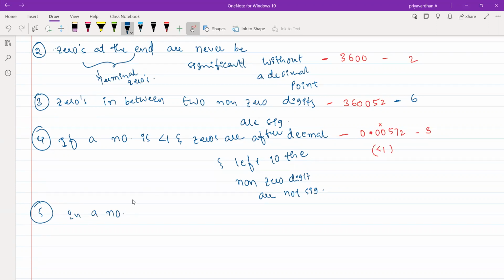In a number with a decimal, zeros to the right of a non-zero digit are significant.